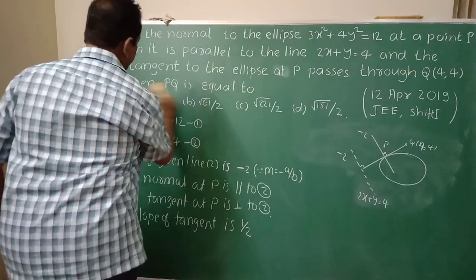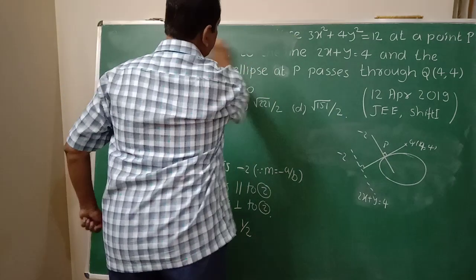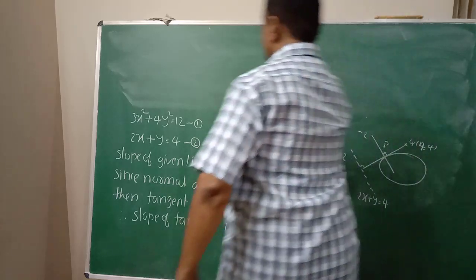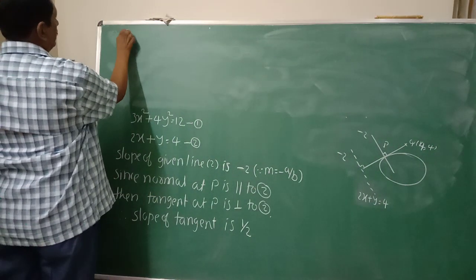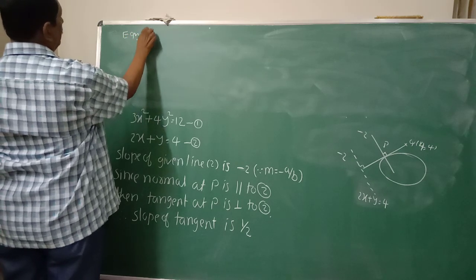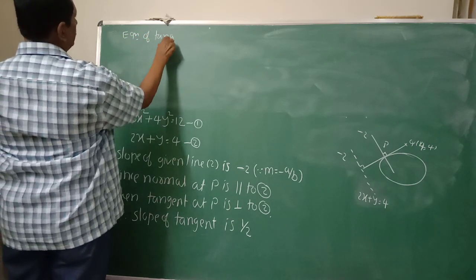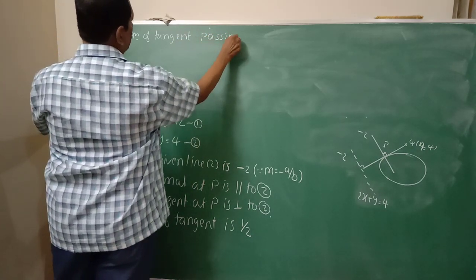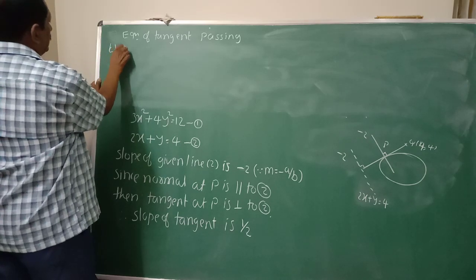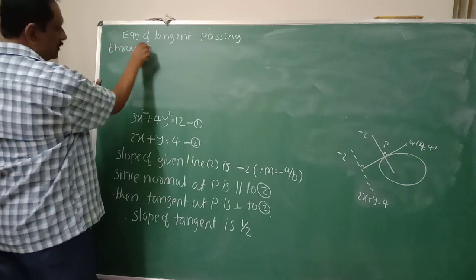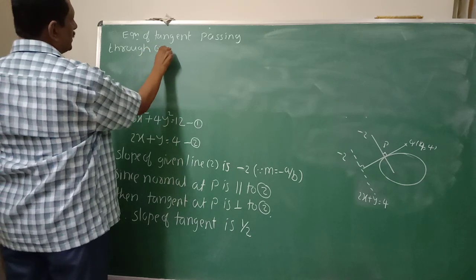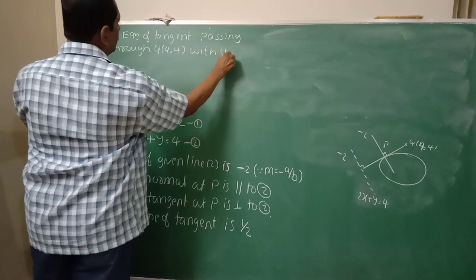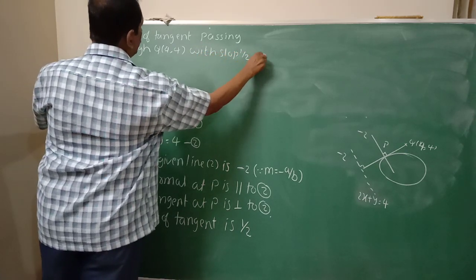Okay, therefore the equation of the tangent passing through the point (4, 4) with the slope 1 divided by 2 here.